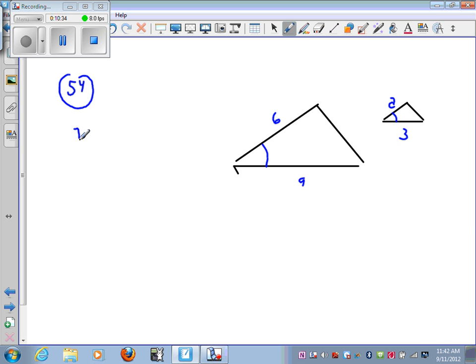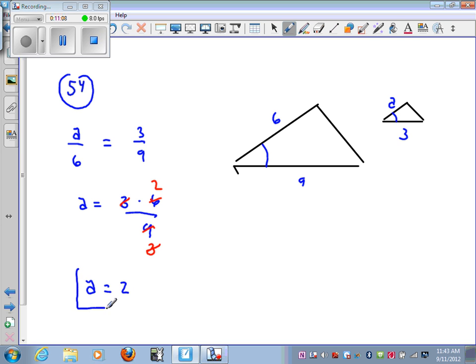So what you do, corresponding sides are proportional. A to 6, these correspond. And then 3 to 9. So A is 3 times 6 over 9, and then this goes here. A is 2. This would be what we're going to do much as on section 1.2.